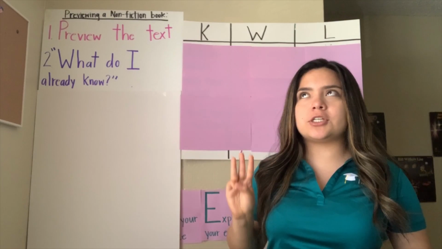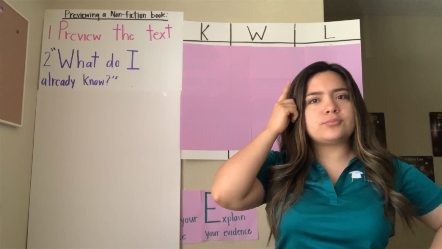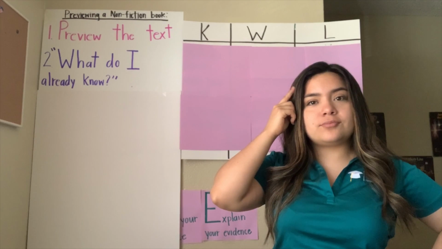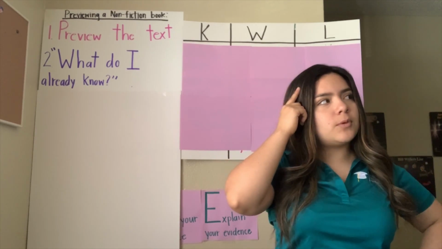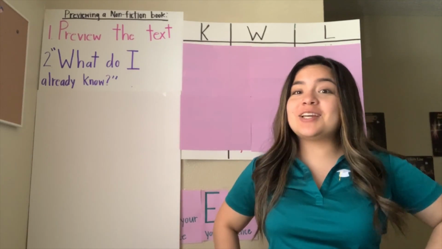What is the third step? Start thinking about that answer. What's the third step? All right, and if you have your answer, you can go ahead and shout it out.